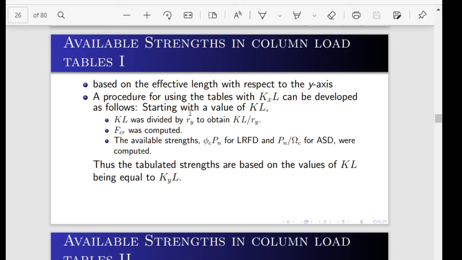In the design, starting with the value of KL was divided by ry to obtain KL over ry. Then Fcr was computed, then the available strength: resistance factor times the nominal strength for LRFD, and Pn over factor of safety for ASD were computed. Thus, the tabulated strengths are based on the values of KL being equal to KyL with respect to the y-axis.